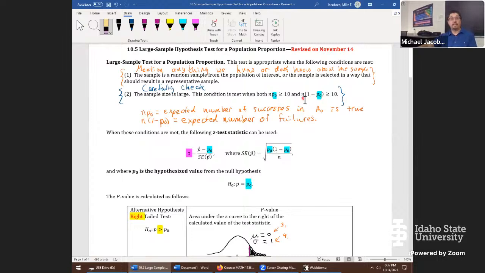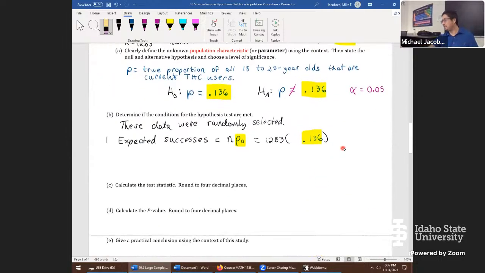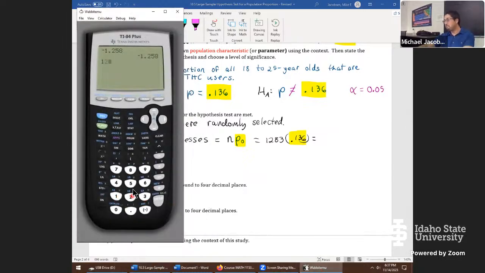That would have been expected number of failures, not successes. Apologies to everyone working in pen so far today. Should have been just this value. Let's fix that. 0.136 goes here. Now multiply through with the better looking numbers. We get 1,283 times 0.136, and it'll come out as 174.488. We can round this to say 174.5.